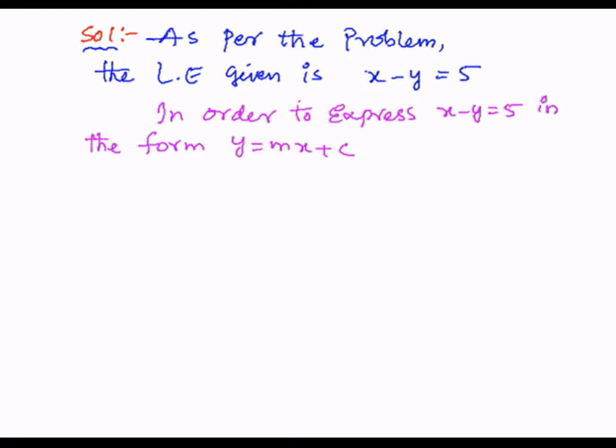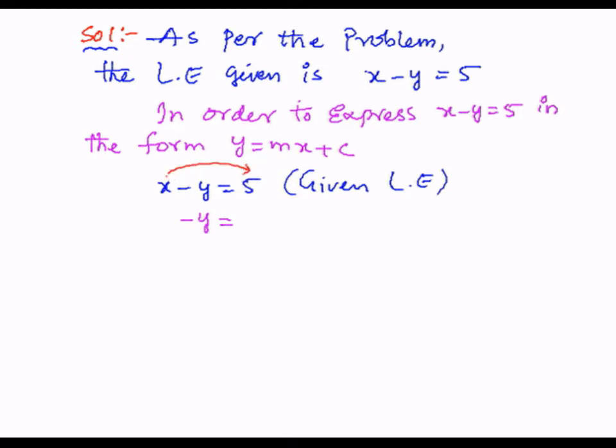So, the given linear equation is x minus y equals 5. By transposing, I want to write y with the negative sign as it is on the left hand side. I want to transpose this plus x over to the right hand side.